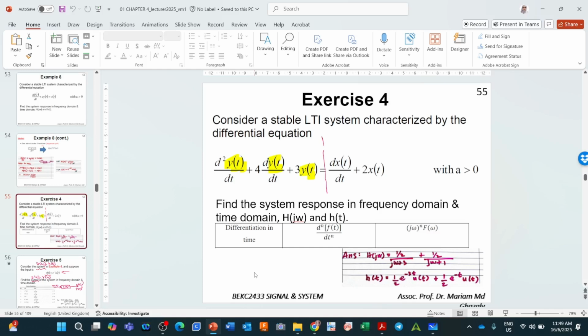Whatever equation in here. Cross across. X omega.